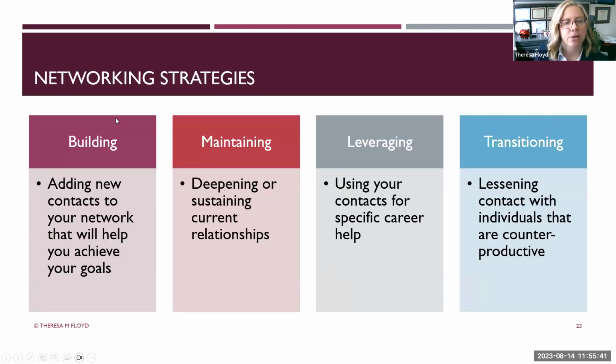All right. So when we talk about networking strategies, you can use building strategies, which we've already kind of talked about. You can do specific things to maintain your network, which often means perhaps deepening or sustaining your current relationships. You can think about ways that you can leverage your network. And you can also think about ways that it might be important to transition your network. This can be the hardest thing to do, but it can be very important.